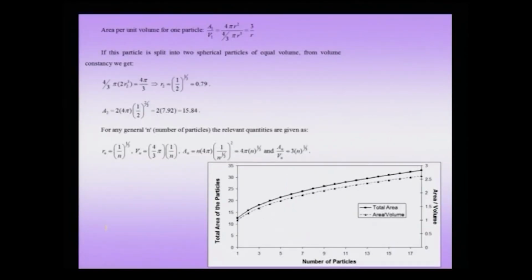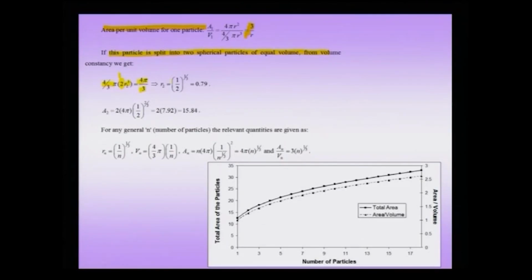So, I notice that the area per unit volume for one particle is 3 by r. If I split this particle into two spherical particles of equal volume, from volume constancy we get 4 by 3 pi r2 cube, where r2 is the radius of the smaller particle, which is got from dividing the larger particle, and there are 2 of these particles. So, the number 2 is coming from the fact there are 2 of these particles. Then I have 4 by 3 pi.